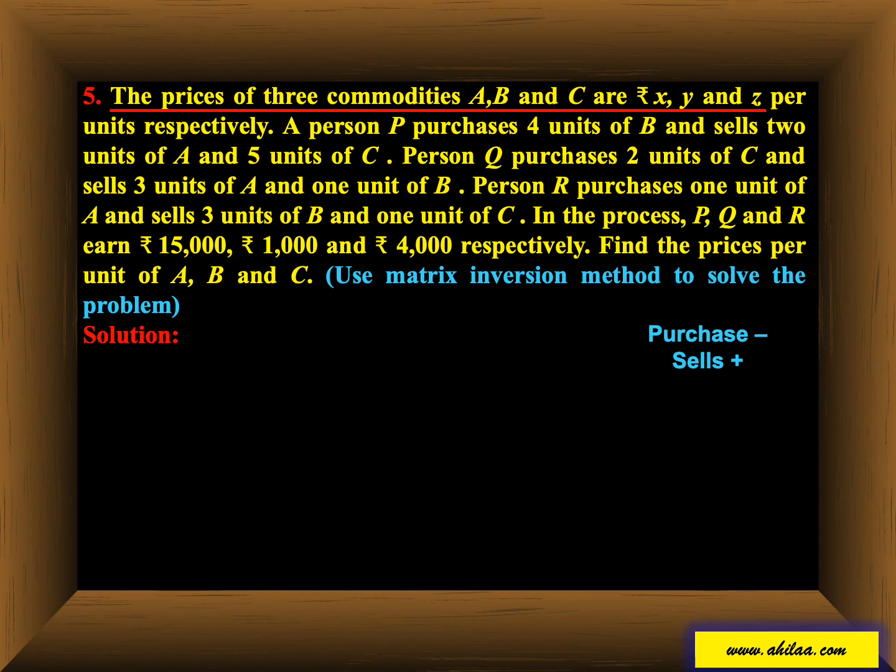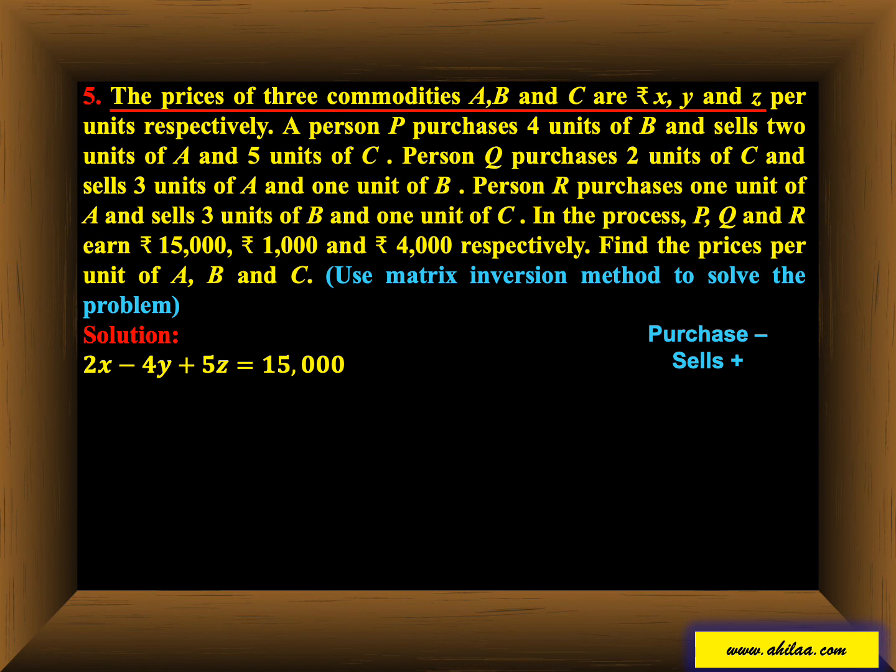So read this for the second statement. Person P purchases 4 units of B and sells 2 units of A and 5 units of C. So purchases 4 units means that is minus 4y and the other two are sells, so it is positive. So what is the equation? 2x minus 4y plus 5z equal to 15,000.